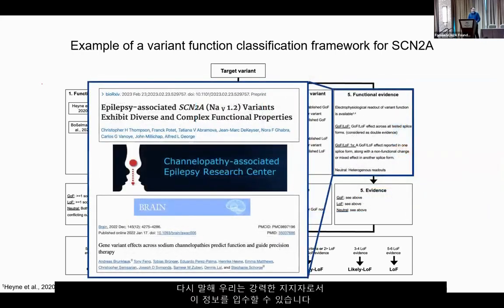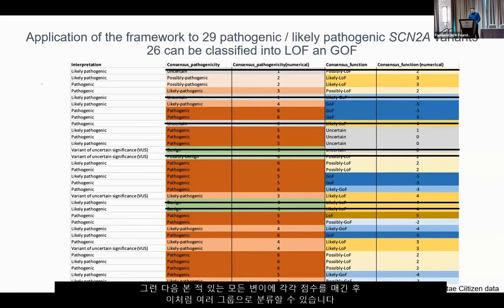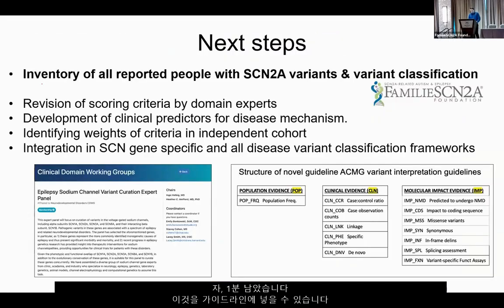And again, as the strongest support, we can take the information if the variant has been functionally tested, and that's literally the strongest information, and use it also as a strong factor in the scoring scheme. Then we can score all variants which we ever see, and then sort them into different groups. Okay, so 1 minute. And then we can put this into guidelines.